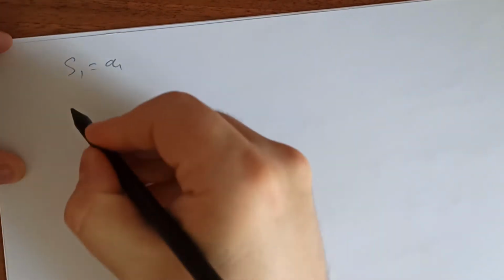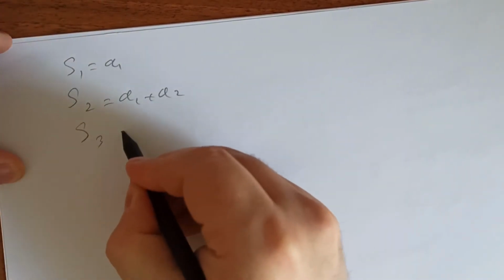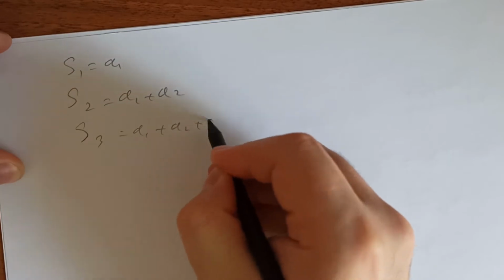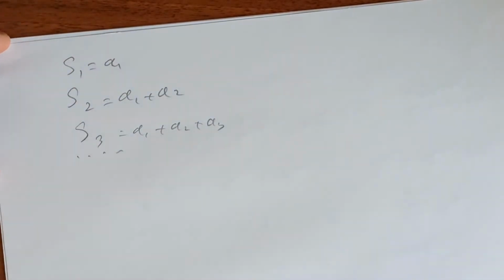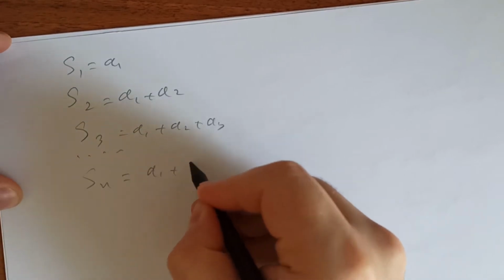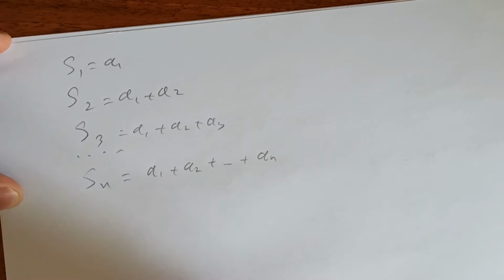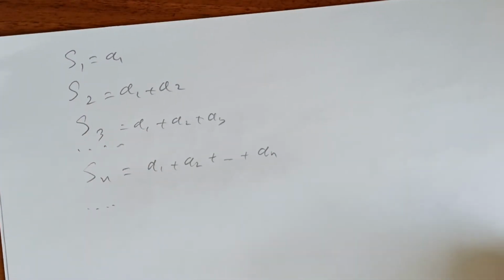So if we have a sequence of partial sums, then S_1 will be a_1, S_2 will be a_1 plus a_2, S_3 will be a_1 plus a_2 plus a_3 and so on. S_n will be a_1 plus a_2 plus so on plus a_n, and n tends to infinity.